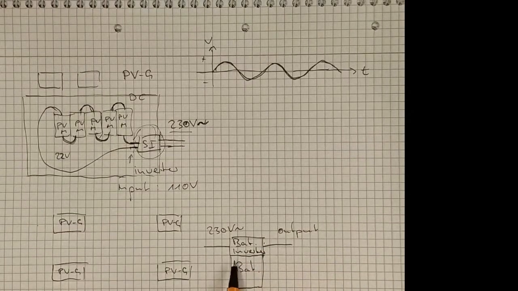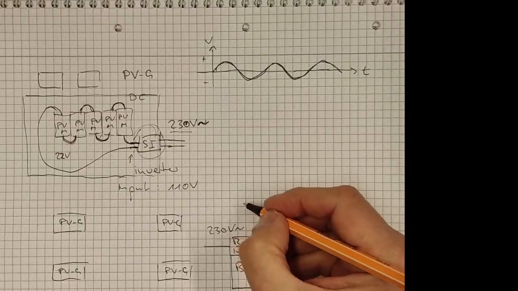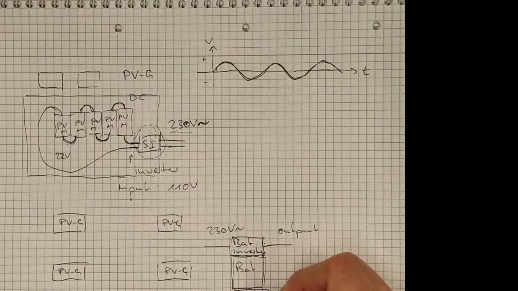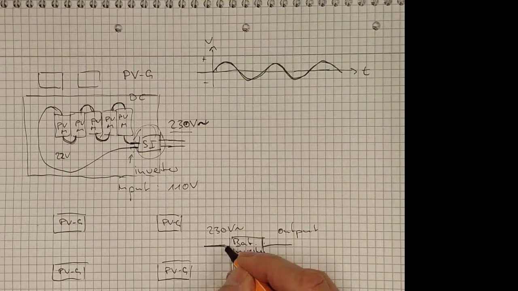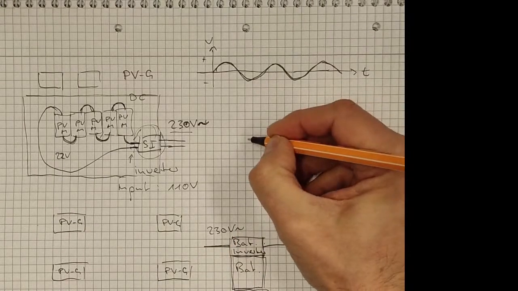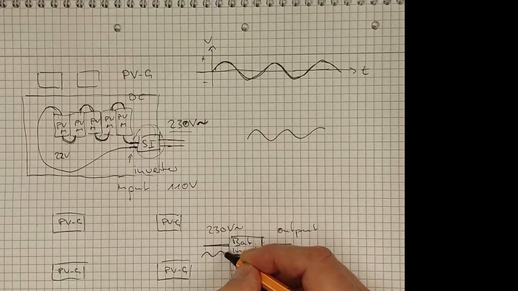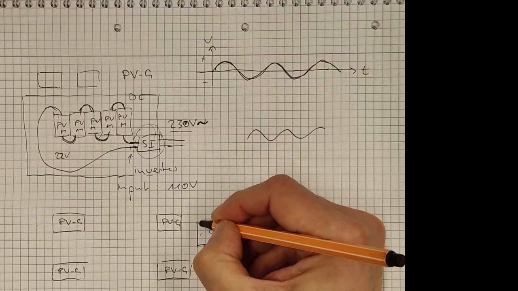And this thing is really smart, because this is a kind of pacemaker. Since it has a battery, it can generate its own 230 volts even on this input side with a certain phase, like this. And then these PV generators are smart.